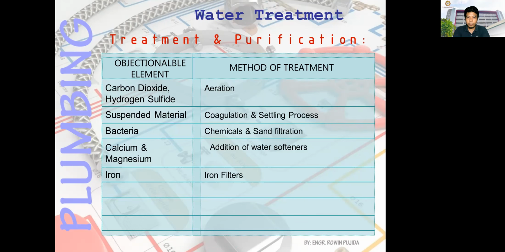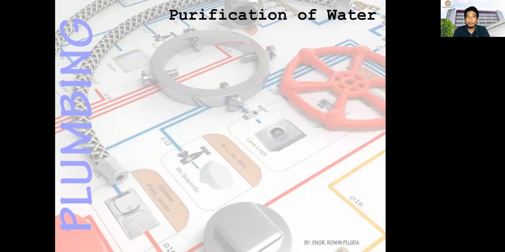For iron, you have iron filters. Sulfur is treated by chlorination. For pathogenic germs, you have disinfection. And for acid, you can have limestone or marble filtration.